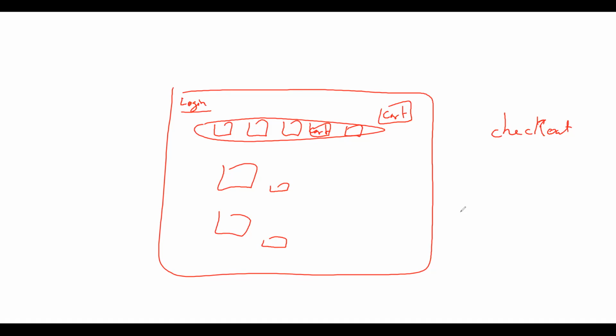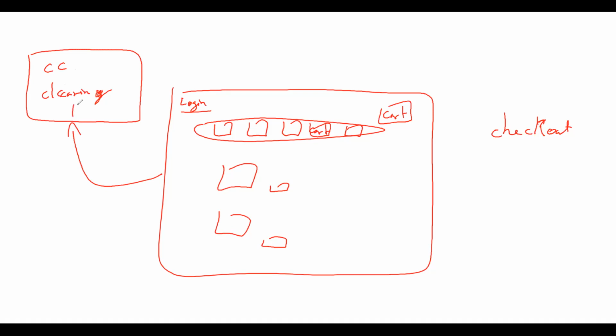Then at some point you put in your credit card information. We don't use PayPal in this project; instead you're going to use what is called a credit card clearinghouse. That's a third-party company that exists on the internet. In this case, we're going to use authorize.net.